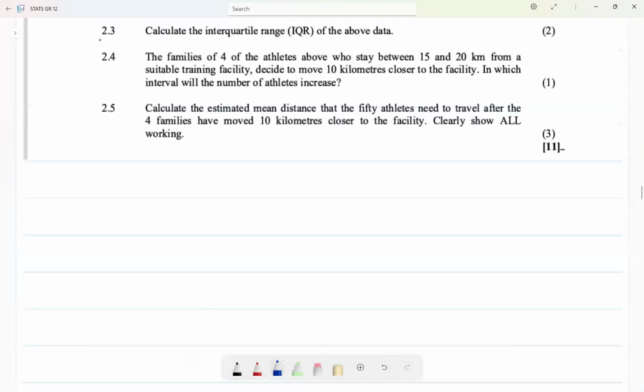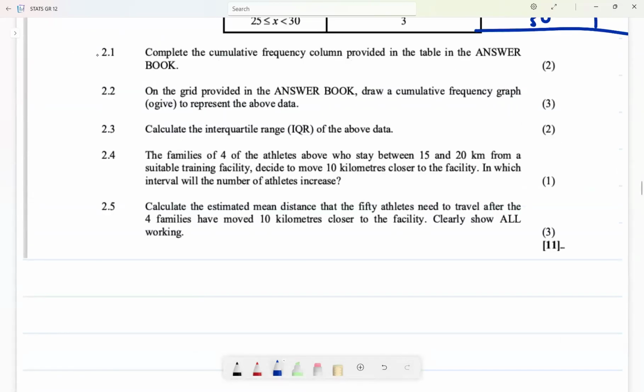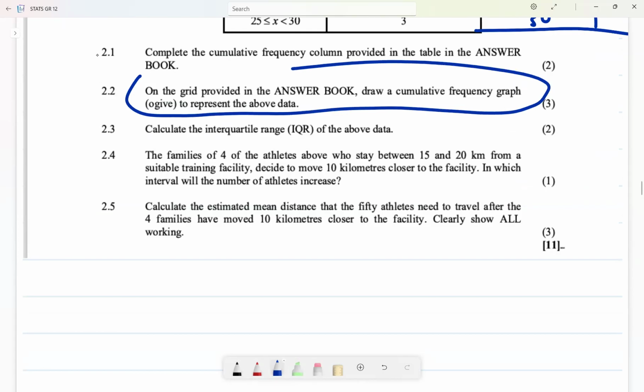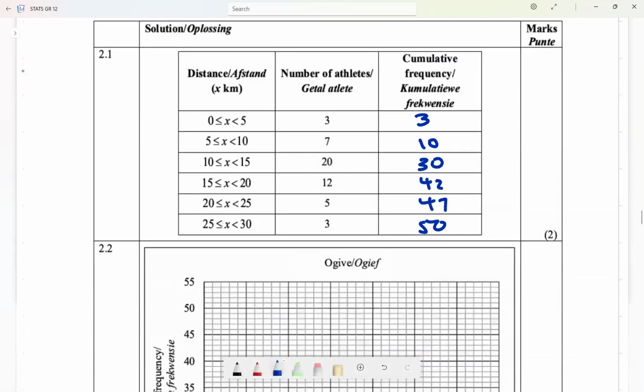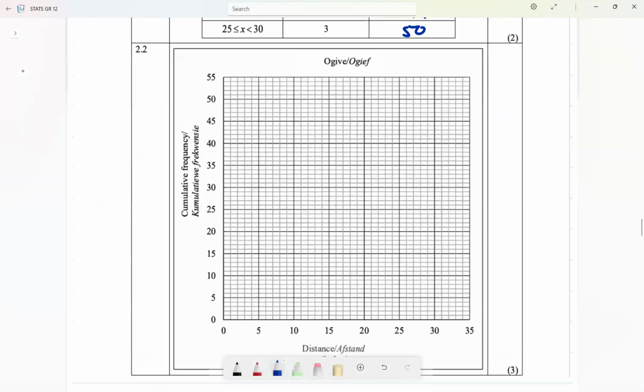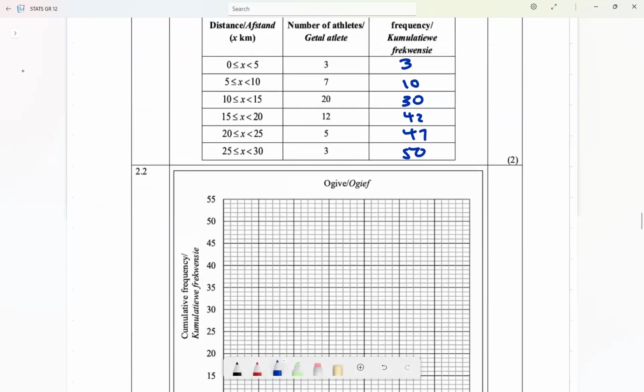And then they asked me that on the grid provided, draw a cumulative frequency graph, an ogive, to represent the data. Let's try to draw that ogive, guys, beautifully. This is how you start. These are the things that you're going to need.